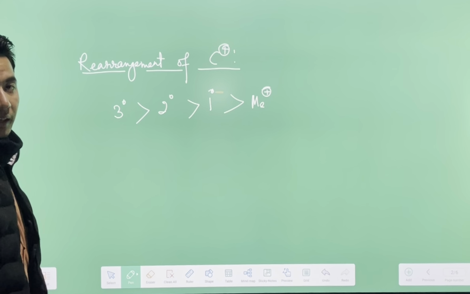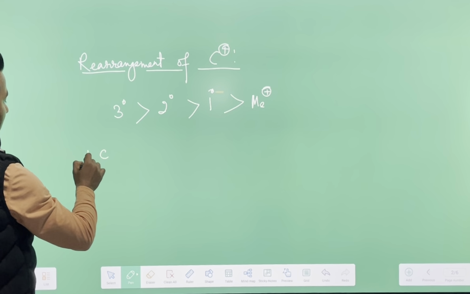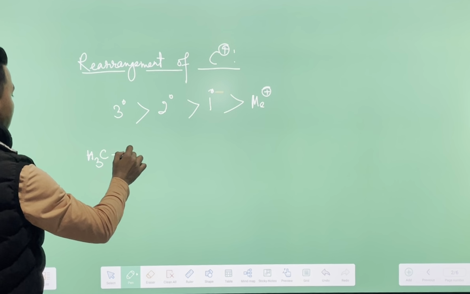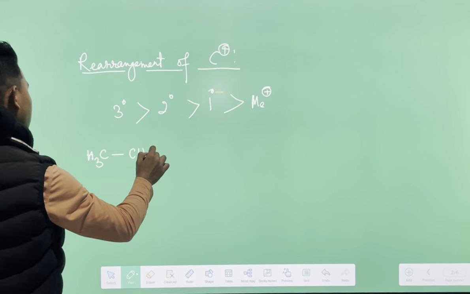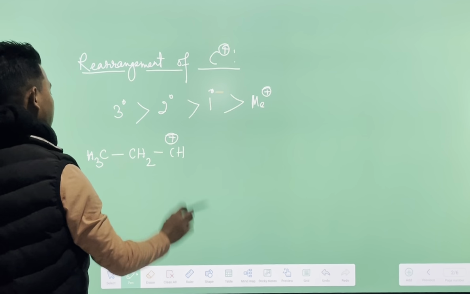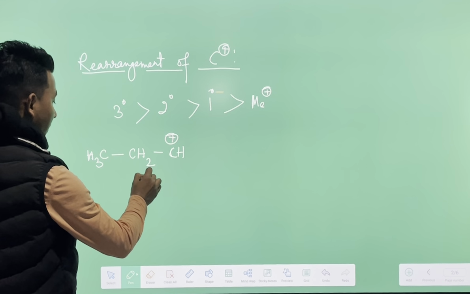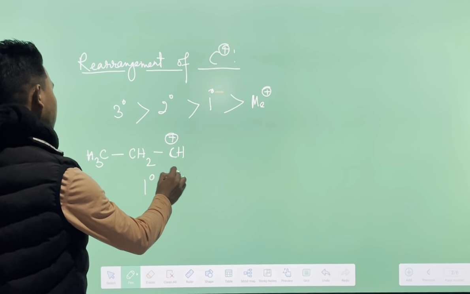So let's take an example. CH3, CH2, CH2 carbocation. This is a primary carbocation.